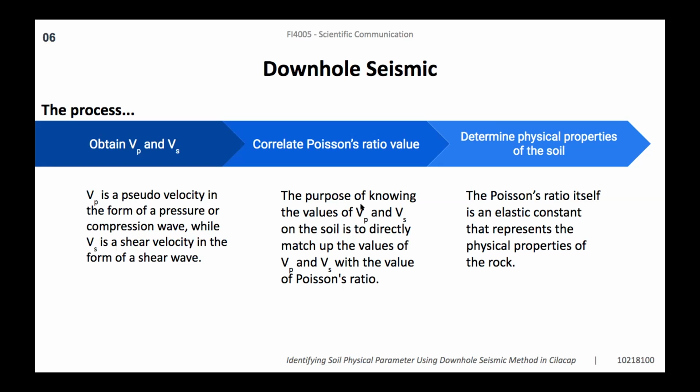Next, after knowing the values of the P wave velocity and the shear velocity, we are going to match up the values of those velocities to the values of the Poisson's ratio. Finally, after knowing the Poisson's ratio itself, we can determine the physical properties of the soil, because the Poisson's ratio is an elastic constant that represents the physical properties of the rock.